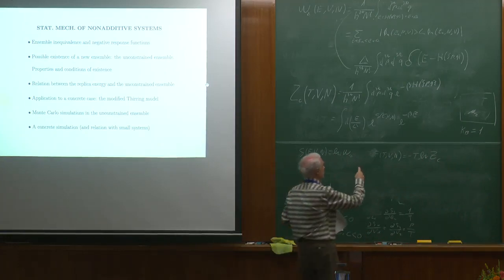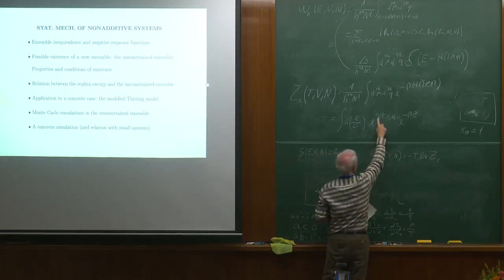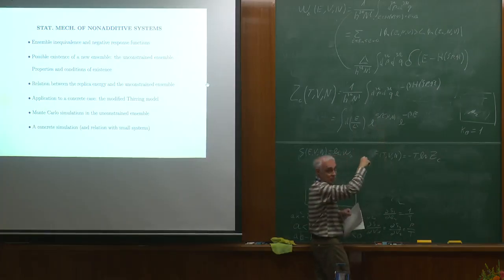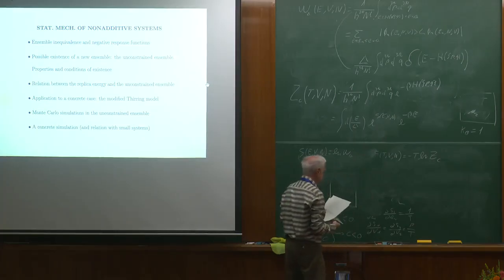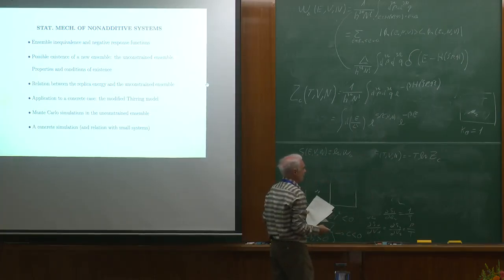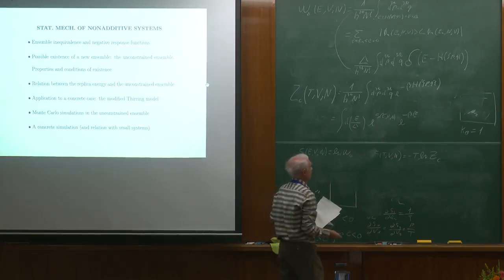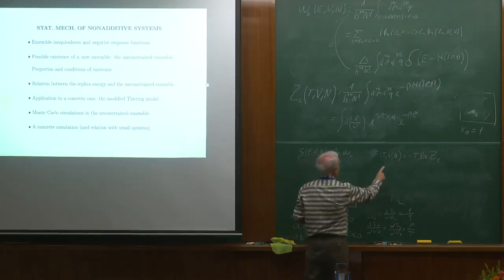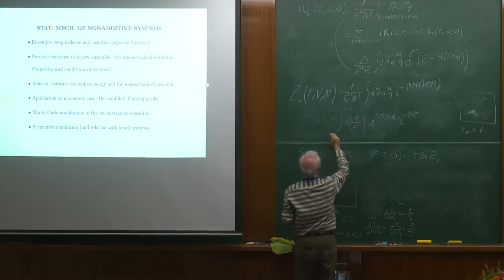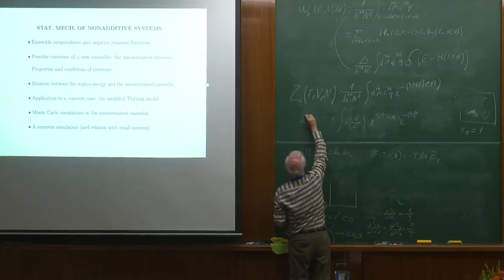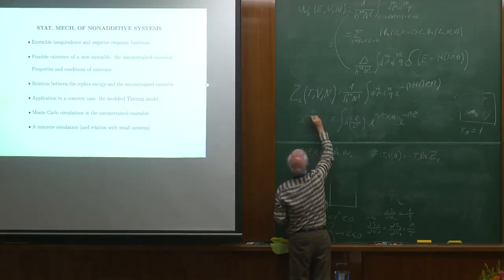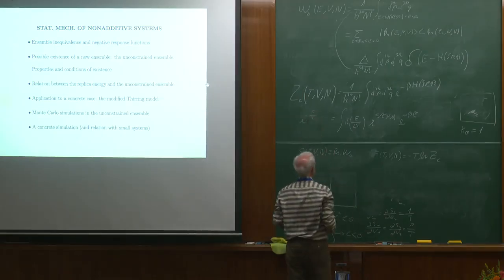That's why this should be dimensionally divided by k_B, but I put k_B equal to 1. So here, it means that this is equal to E.